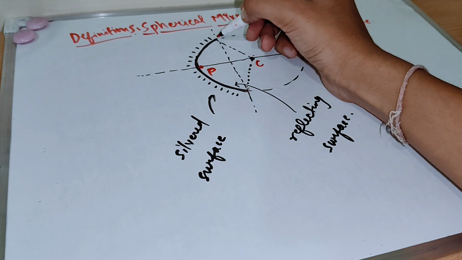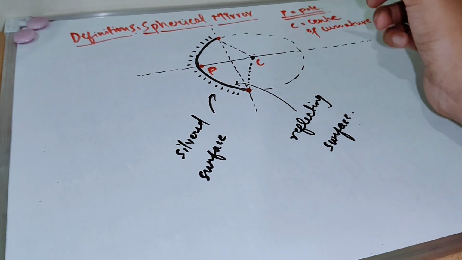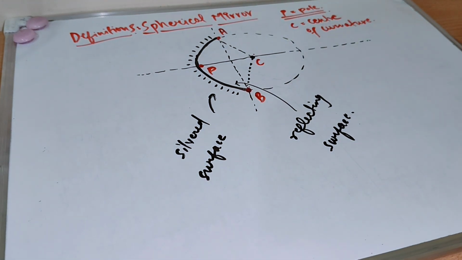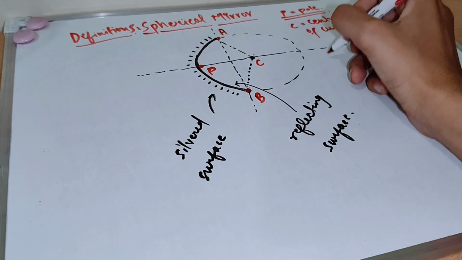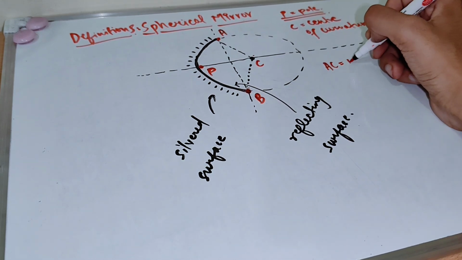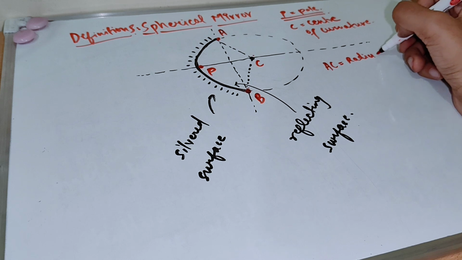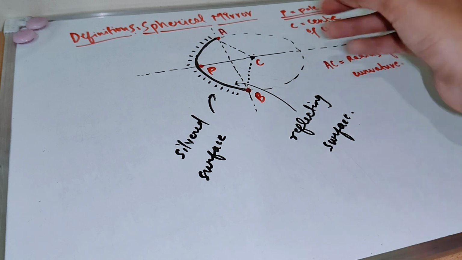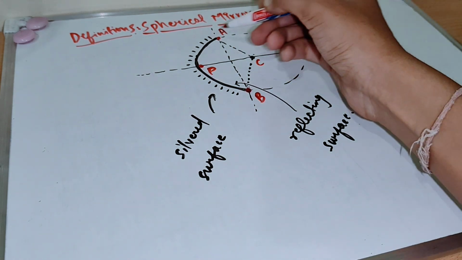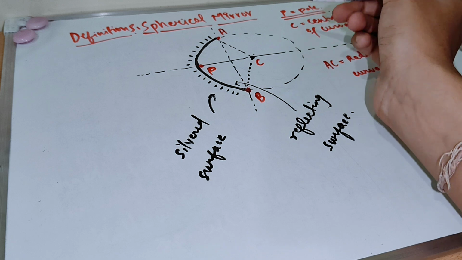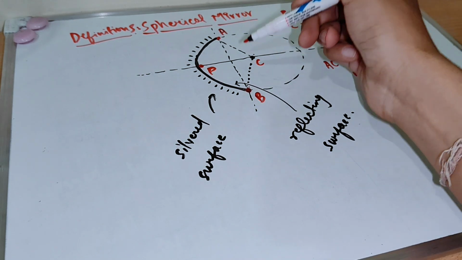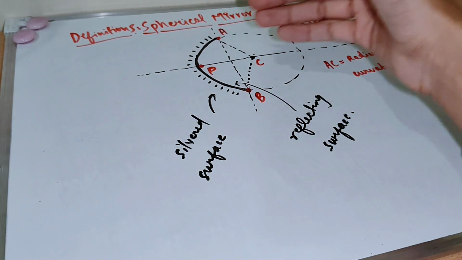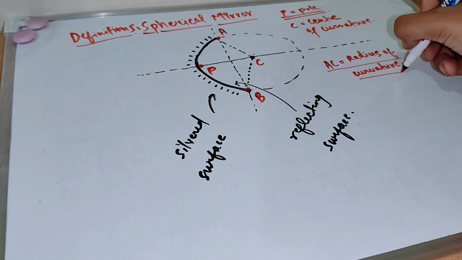I hope everything is clear till now. Now let me give these two points names. This is point A and this is point B. So the distance AC is known as the radius of curvature. As you can see, AC will be the radius of the sphere from which we had taken the mirror out, and it is also known as the radius of curvature.